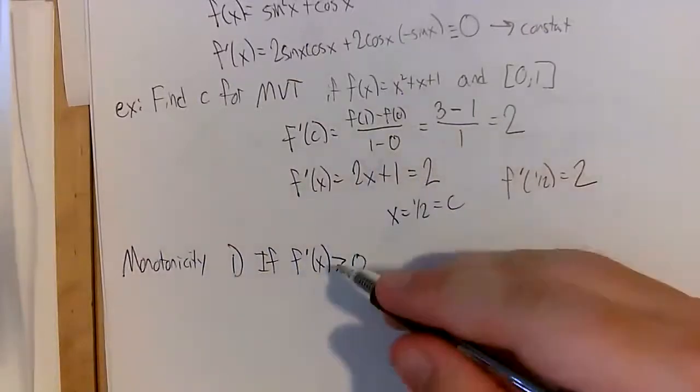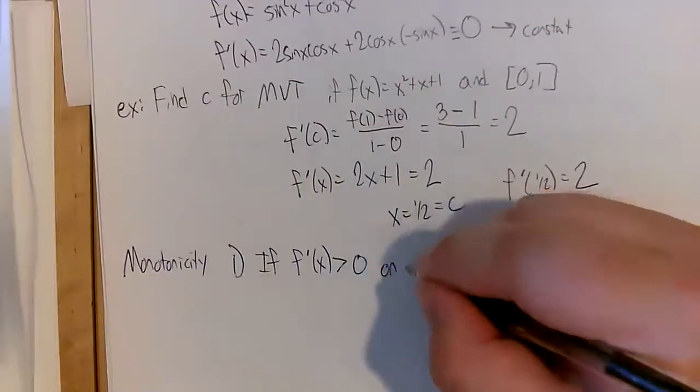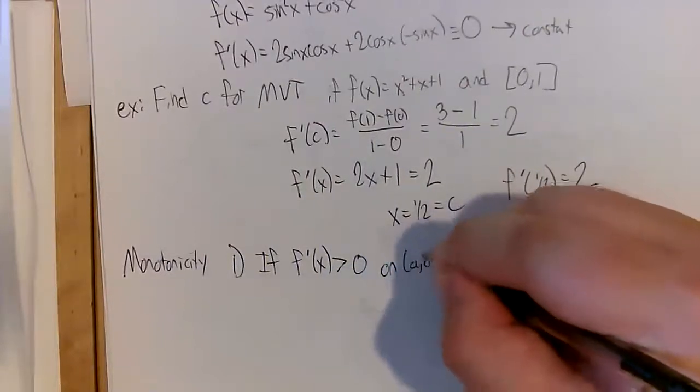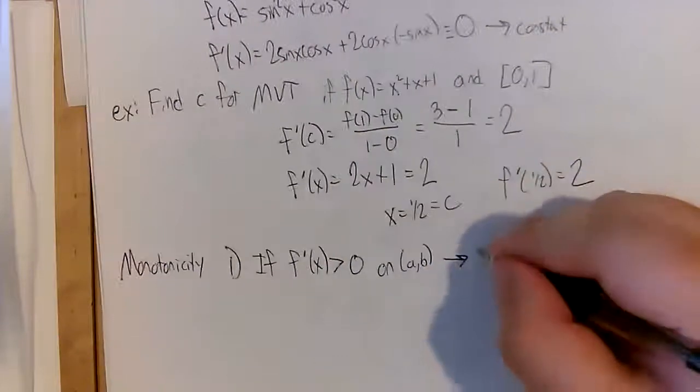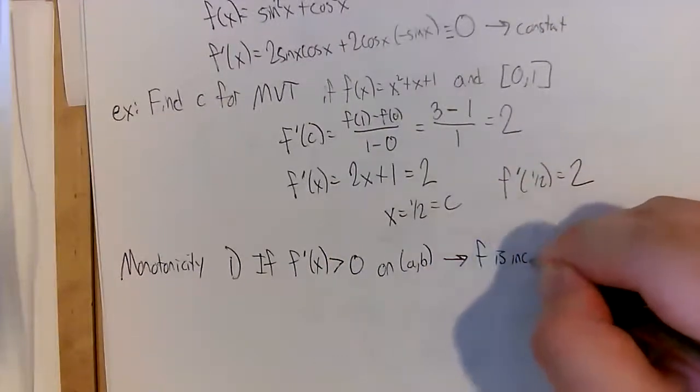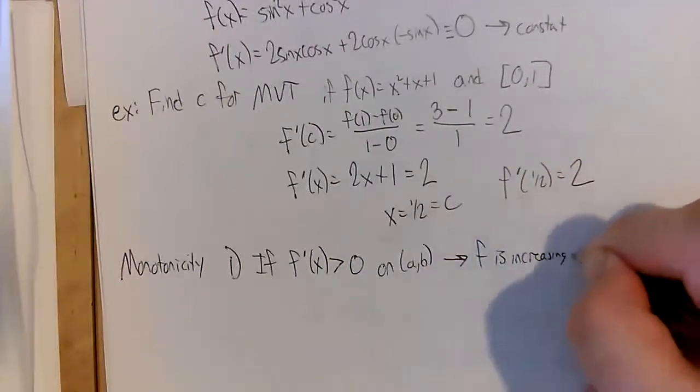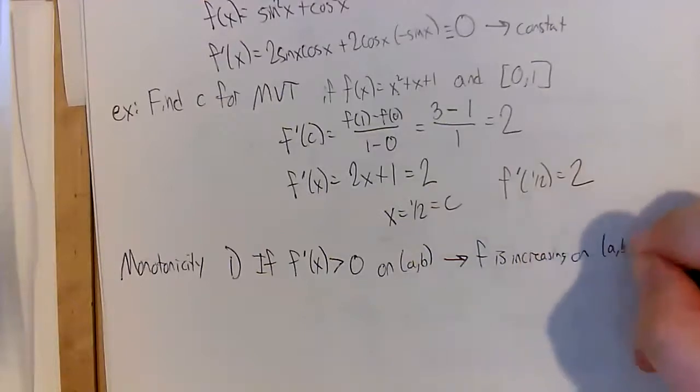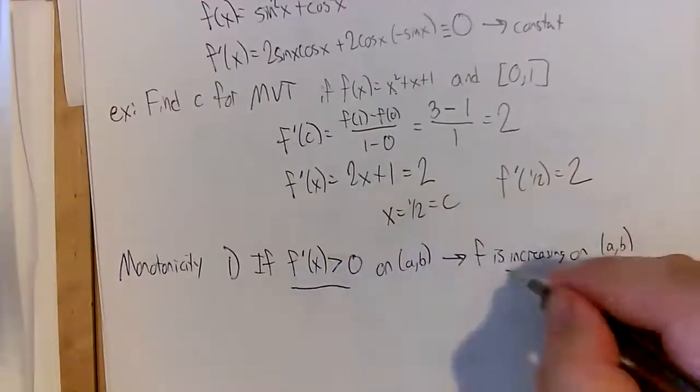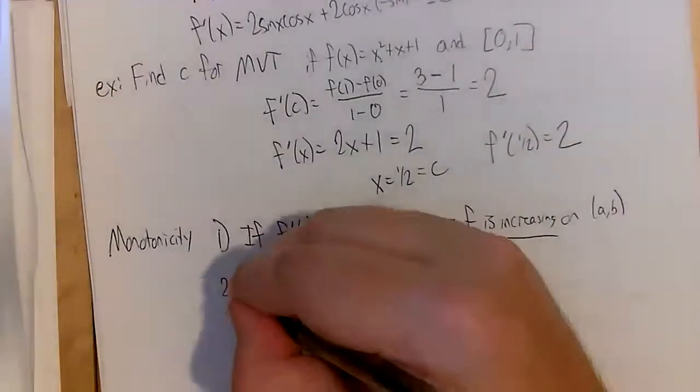If we have a derivative being positive on an interval a, b, then f is increasing on that same interval. So having a positive derivative corresponds to increasing.